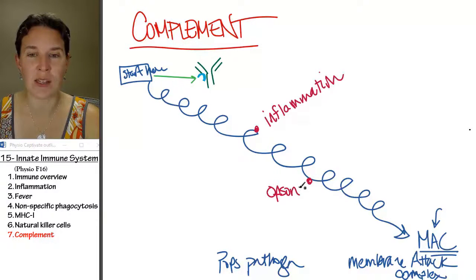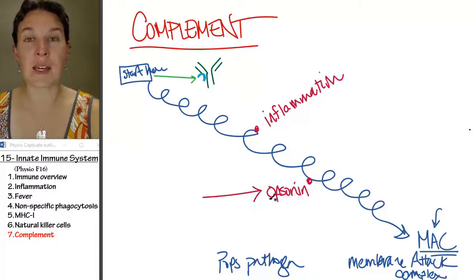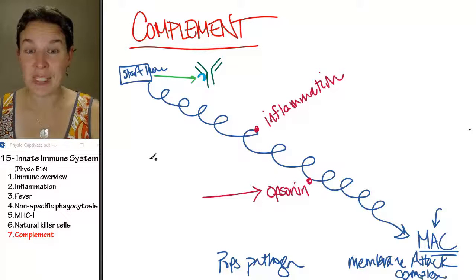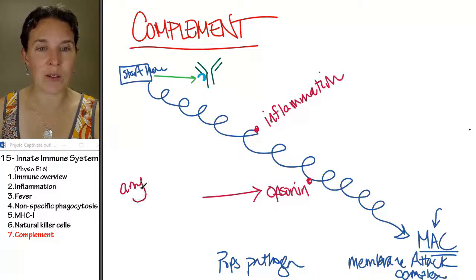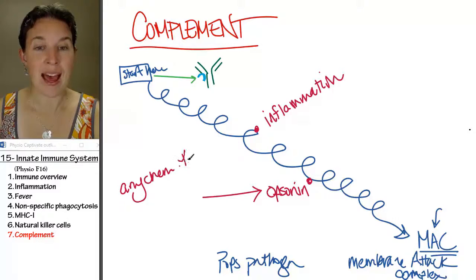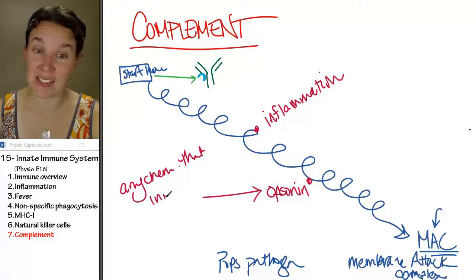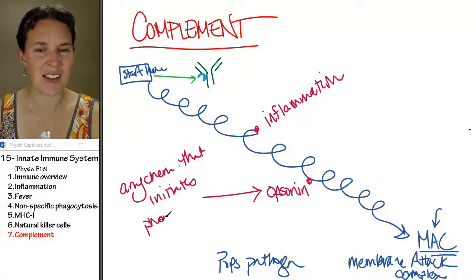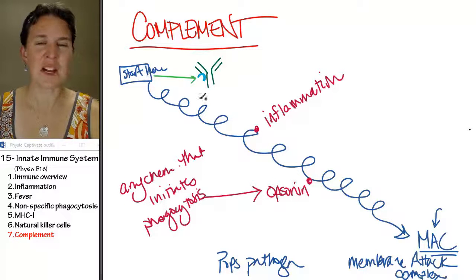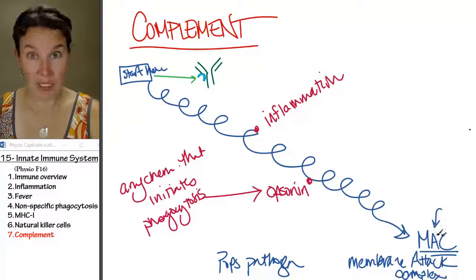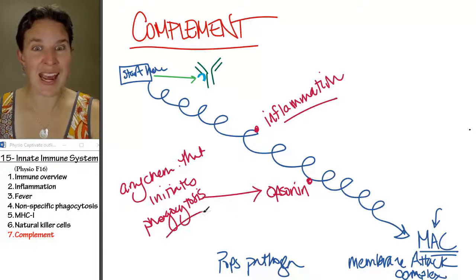What's that word mean? Opsonin. I honestly can't remember if I told you what this meant yet. An opsonin is any chemical that initiates phagocytosis. So this complement cascade pops the bad guy, but along the way initiates inflammation and phagocytosis.